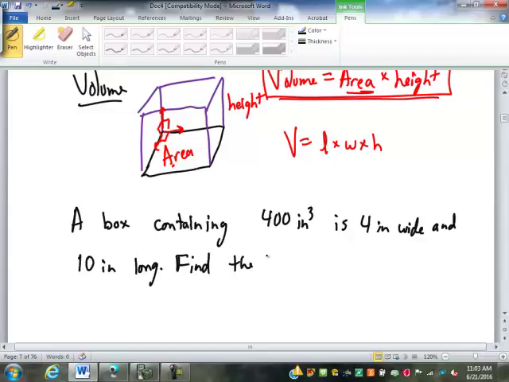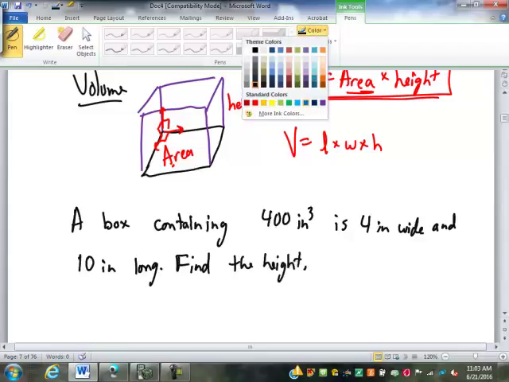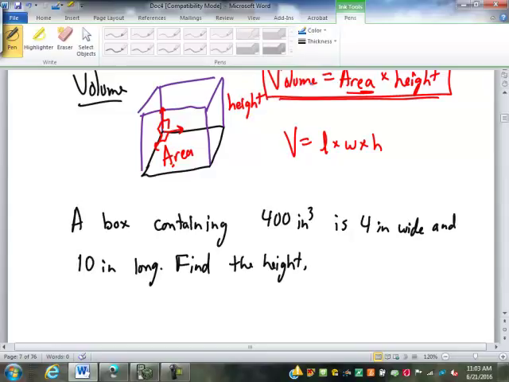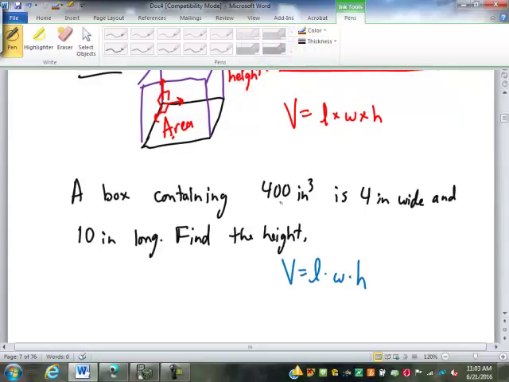Find the height. Well, we've got our formula. Volume equals length times width times height. Do we know the volume in this situation? 400. You got it. Do we know the length? 10. Times, do we know the width? 4. Times, do we know h?